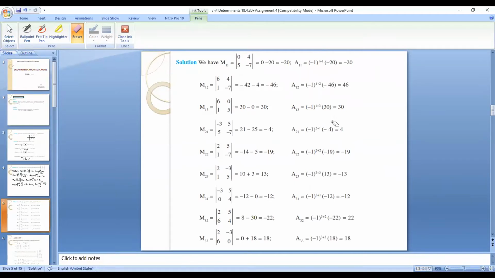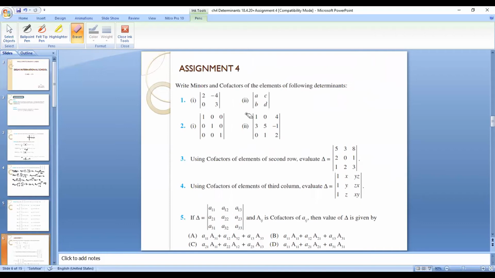You can calculate it on your rough copy and then you can match with the answers whether your answers are correct or not. Fine. So this is the idea how to find adjoint and cofactor. Next is the assignment. It is easy. You have to write minors and cofactors.